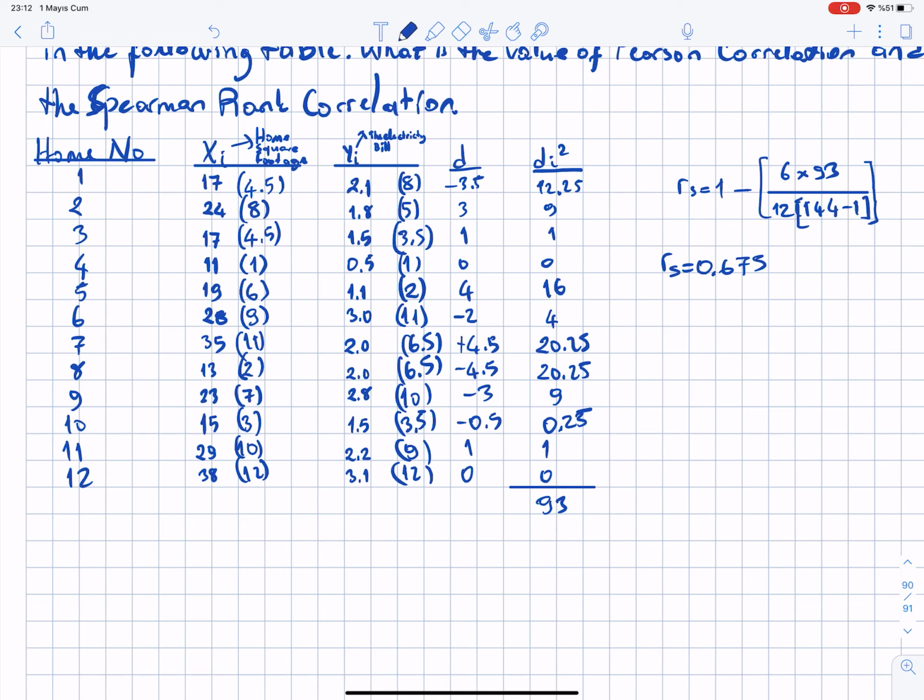In this case, I also have the sum of xi equals 269. The sum of yi is 23.6. The cross product is 579.3.